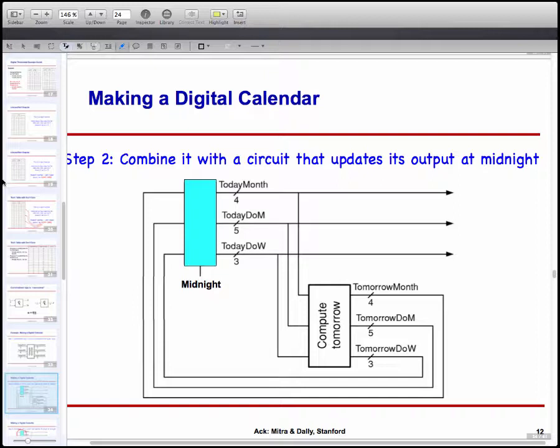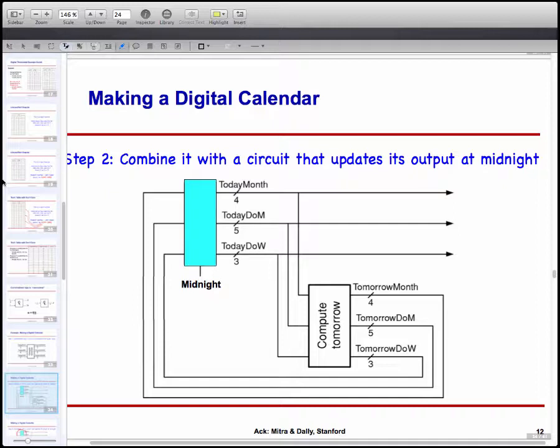This block is a special one. Its input may keep changing. The output will not change unless midnight is high. So at midnight, for a tiny period of time, I make midnight high, logic 1. Then that cyan block will take its input and put it on its output. Then I pull down the midnight, and for the rest of the day, the output will remain unchanged.